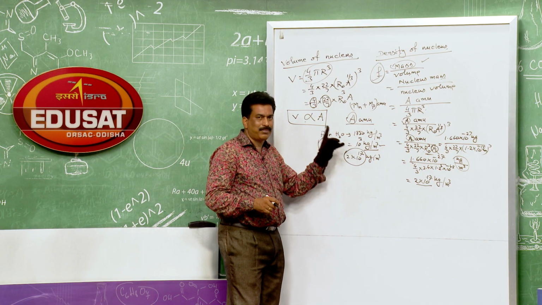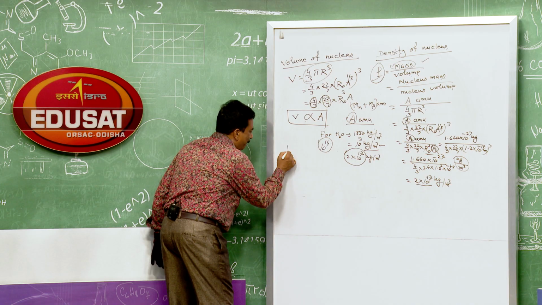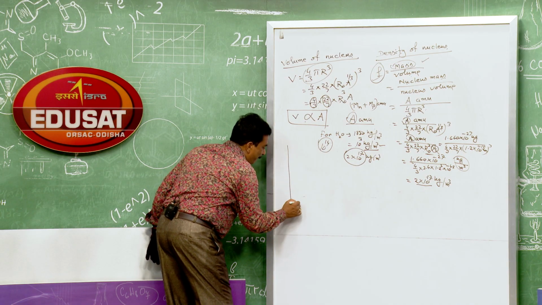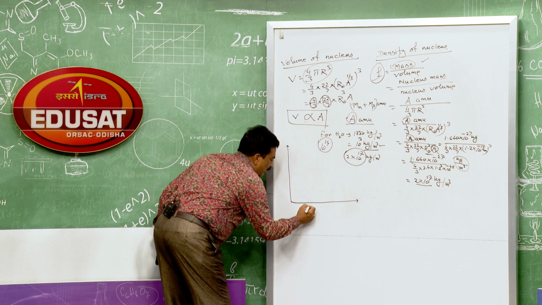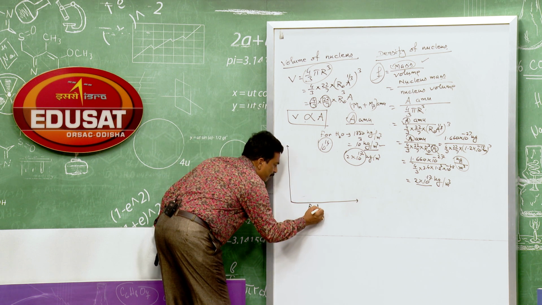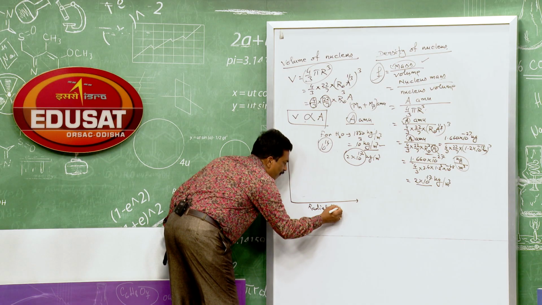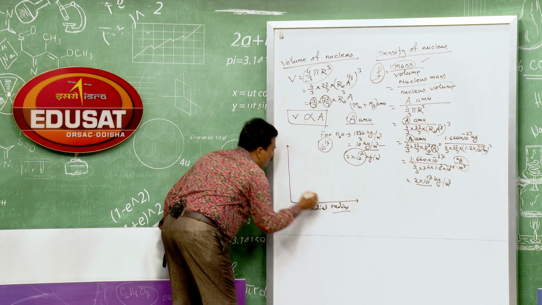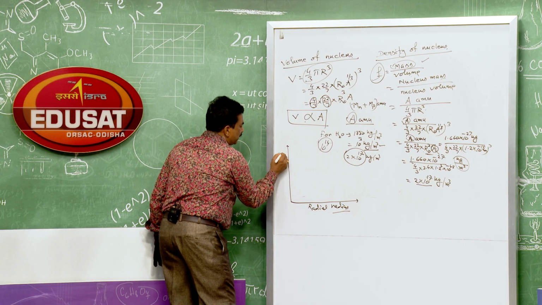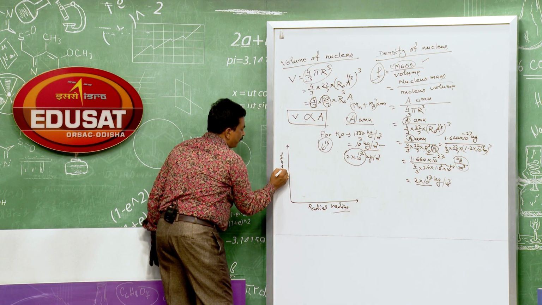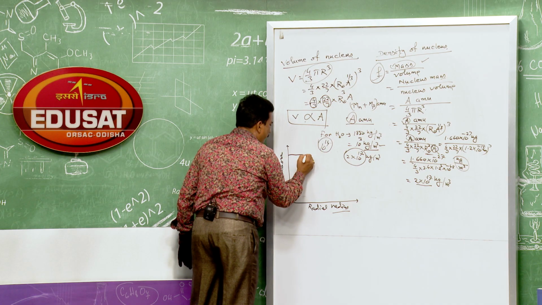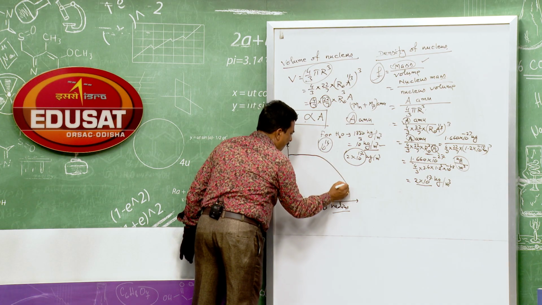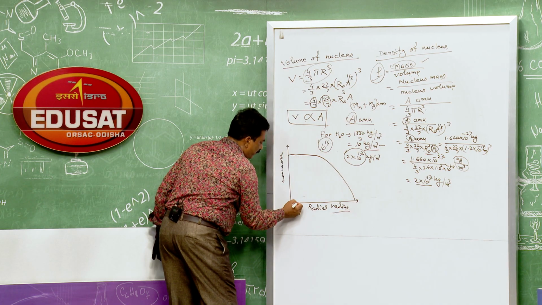So, if we plot a graph by taking the radial radius with its density, the graph will be like this.